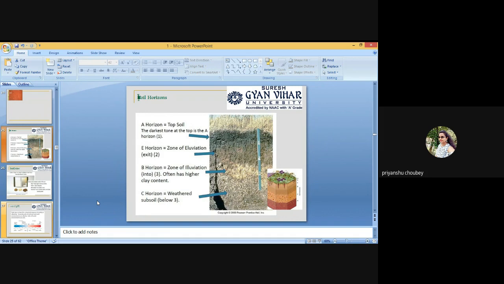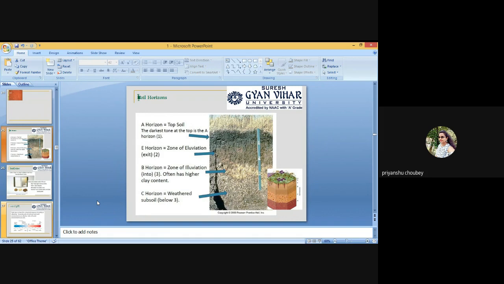The B horizon is known as the illuvial horizon. The B horizon is a zone of accumulation. The process of accumulation is called illuviation, and the clay mostly translocated from the E horizon along with iron and aluminum oxides flows as clay into the B horizon, in the soils known as alfisols and ultisols.